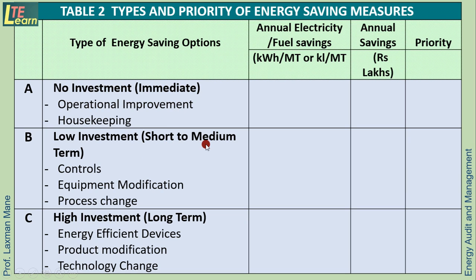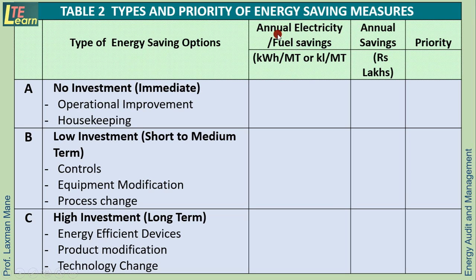For short to medium term period, low investment is done, in which different controls, equipment modification or process change is incorporated. In case of high investment, which is done for long term period, in that energy efficient devices, product modification and technology change are mentioned.